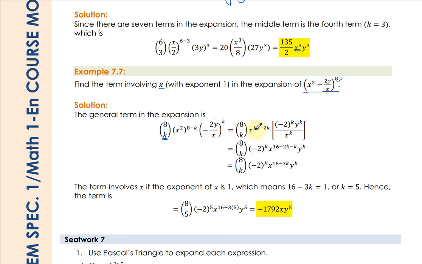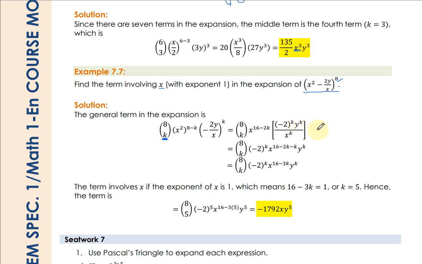Next is we multiply 2 by 8 and kaning negative k. So 2 times 8, that is 16. 2 times negative k, that is negative 2k. Then here, you distribute lang nato si k. So 2 to the power of k, y to the power of k, and x to the power of k.